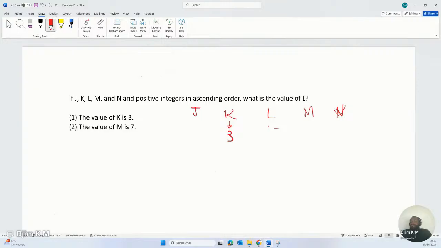We don't have that information. So it's difficult. L can be any kind of number. It can be 4, 5, 6, 8, 9, an infinite number of numbers. The only information it tells us is that they are positive integers in ascending order. So they are increasing as we go from K to L to M to N. So this is insufficient.